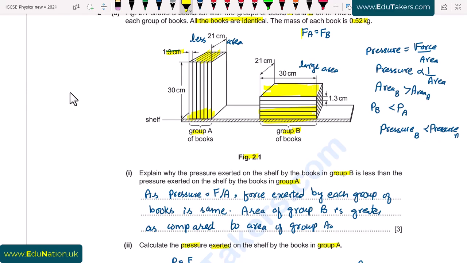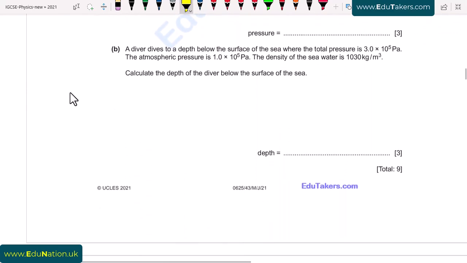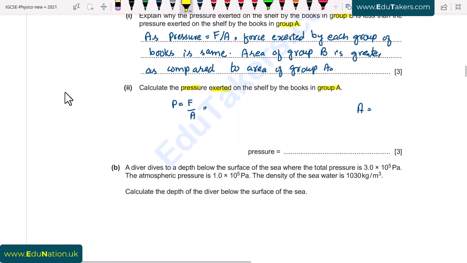I write here, area is equal to length multiplied by width, and length for one book is 1.3, and there are total 6 books in each set.